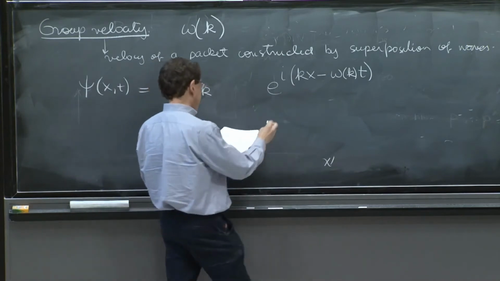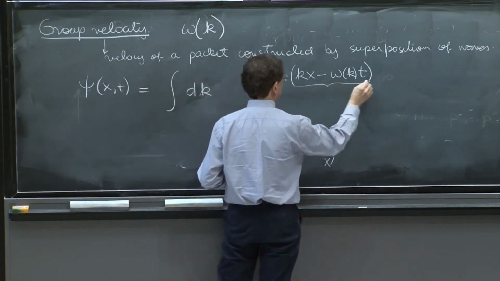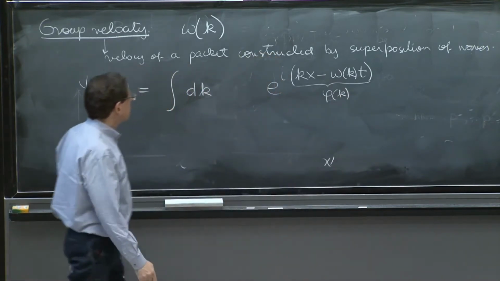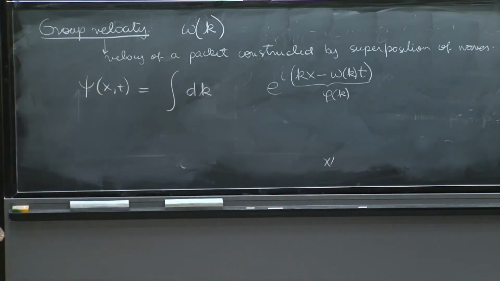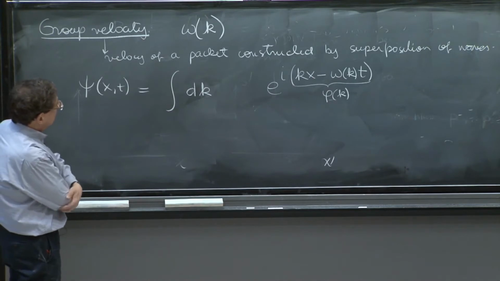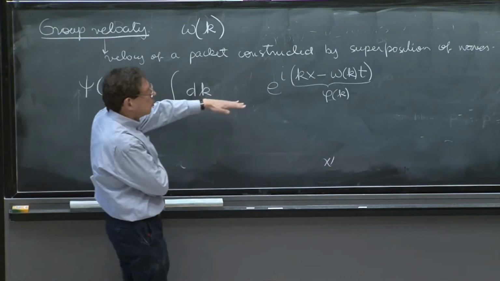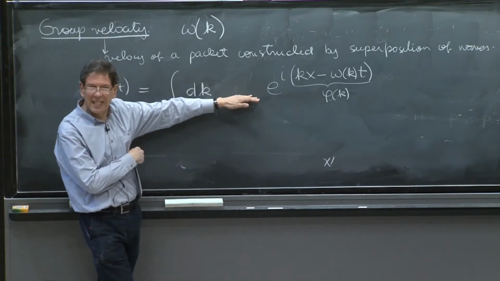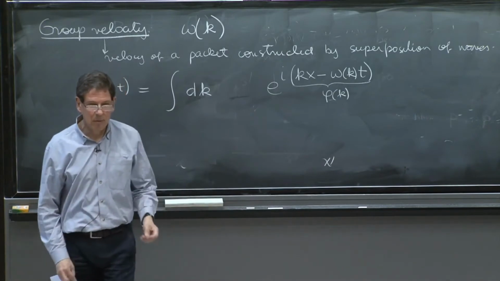And this whole thing I will call the phase of the wave, phi of k. So that's one wave. It could be sines or cosines, but exponentials are nicer, and we'll do it with exponentials in this case. But you superimpose them, and each one may be superimposed with a different amplitude.